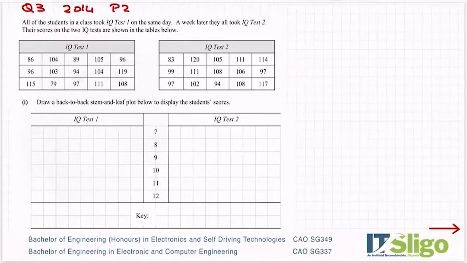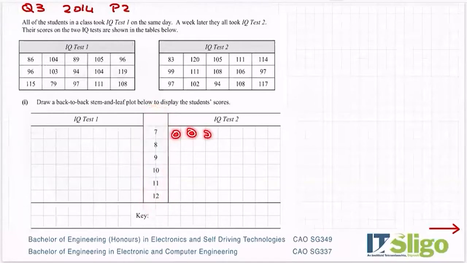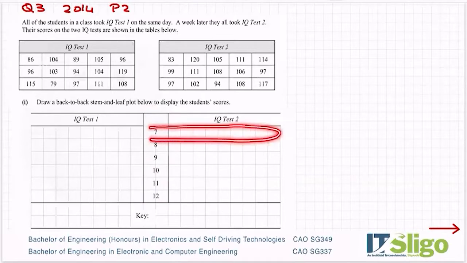One of the important graphs, I suppose, on your course is stem and leaf plots. These are really good because they show the actual values that were measured. This is what we call the stem, and then the numbers out here would be the leaves. So how do you read it? Well, this is all the numbers in the 70s.